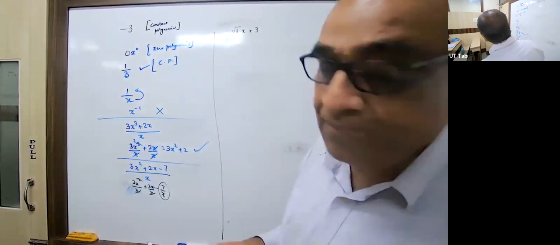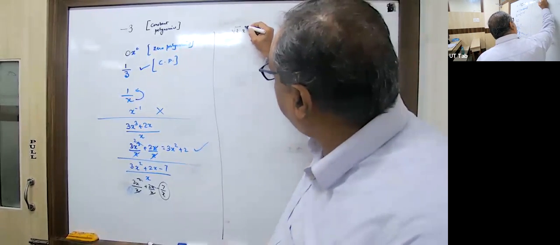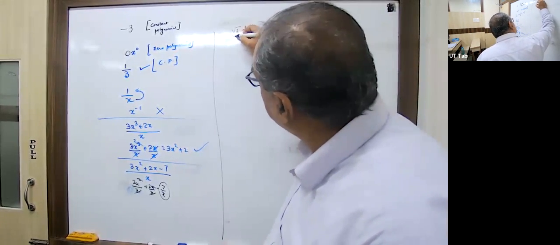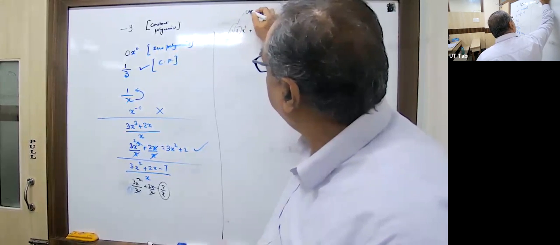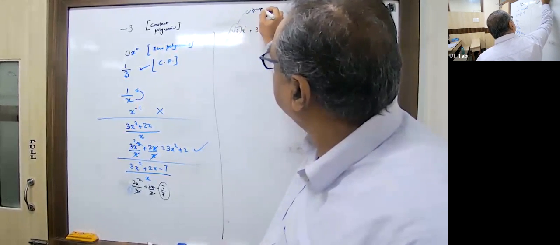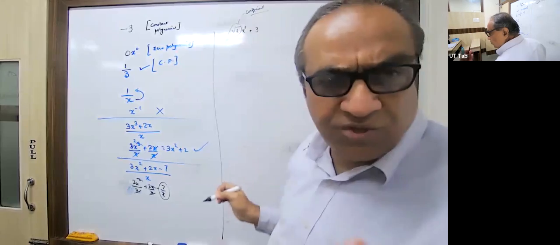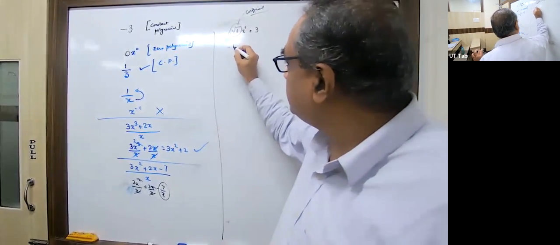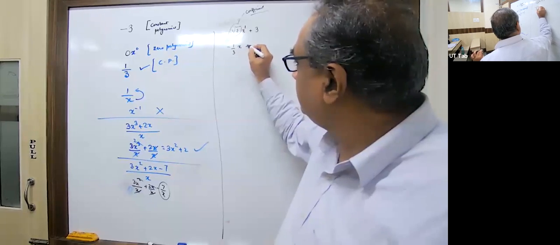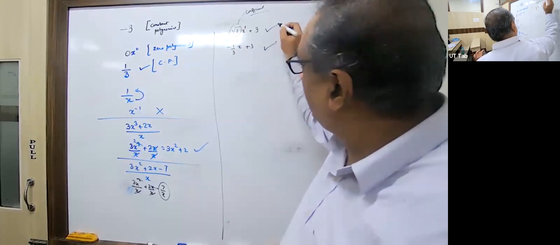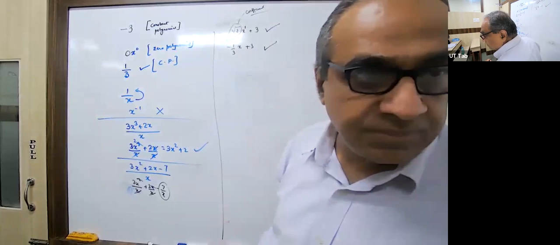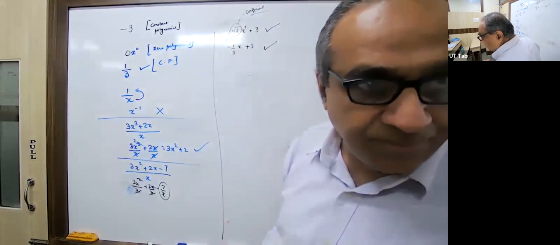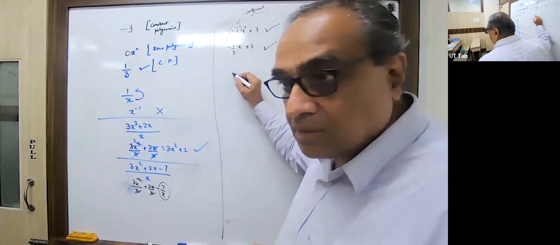It's a square root, but what is its power? We call this a coefficient. Whatever the coefficient is, even if I write like this, still it will be a polynomial. Understood? Clear?